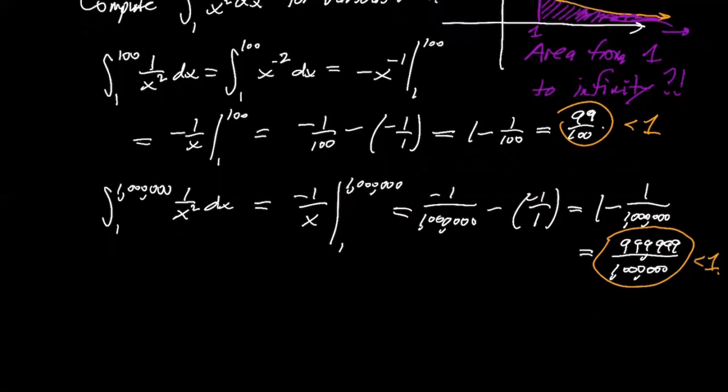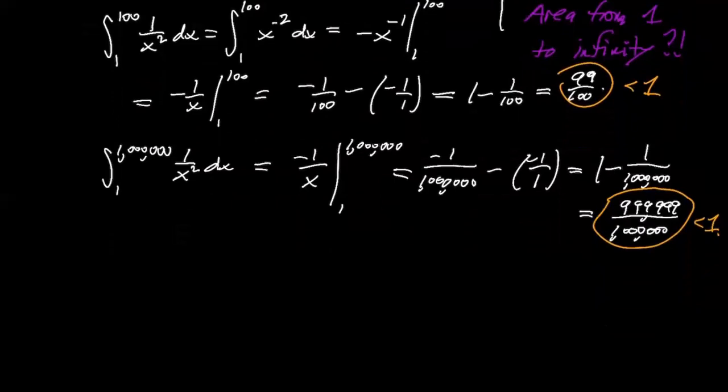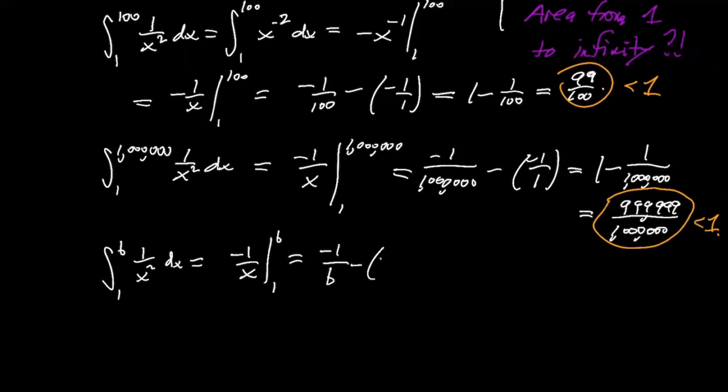And if we just do this in general, you start to see what happens. The integral from 1 to b of 1 over x squared dx is minus 1 over x from 1 to b, which is minus 1 over b minus minus 1 over 1, which is 1 minus 1 over b. It's actually almost better to leave it in this form.